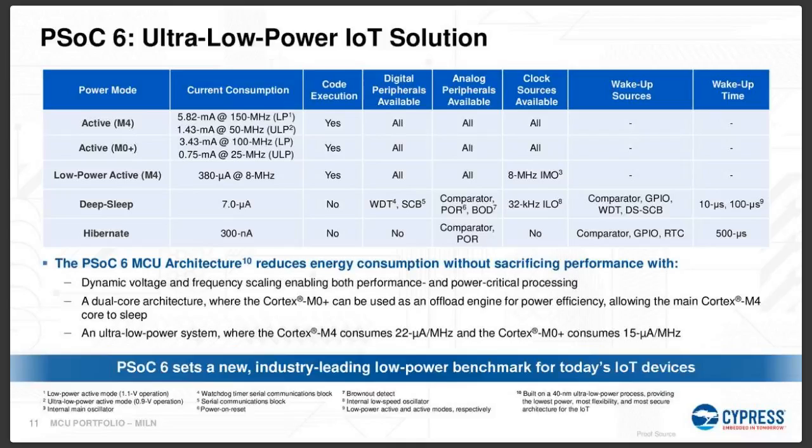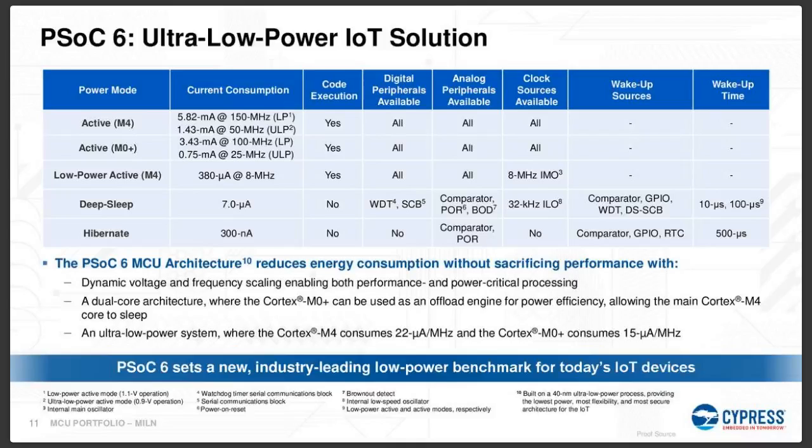There are a couple of different modes. Besides the active mode, you have a low power active where it's running even lower. There are deep sleep modes and also hibernate modes. You can see the power consumption on those modes: 7 microamps for deep sleep and 300 nanoamps in hibernate.